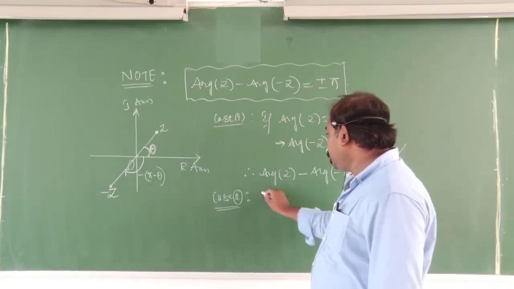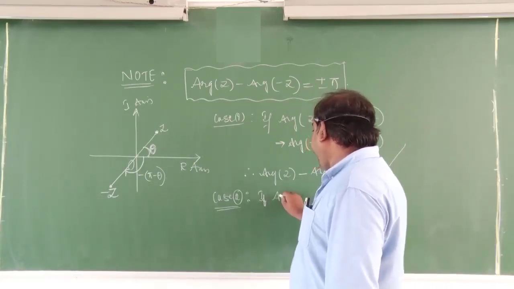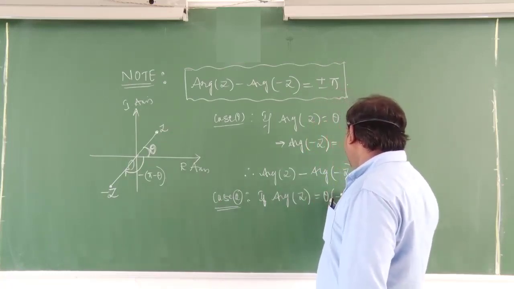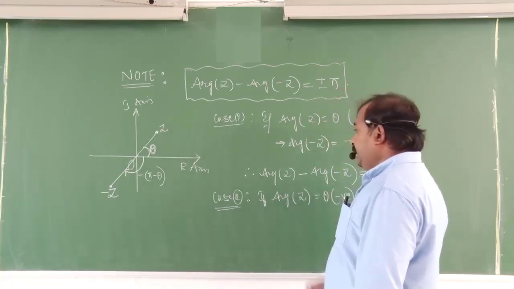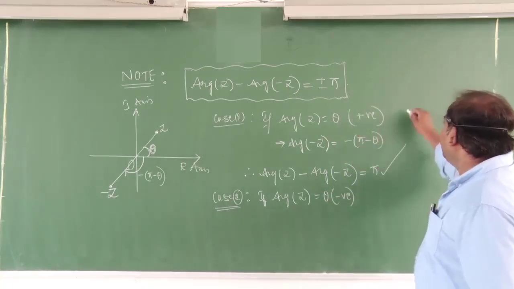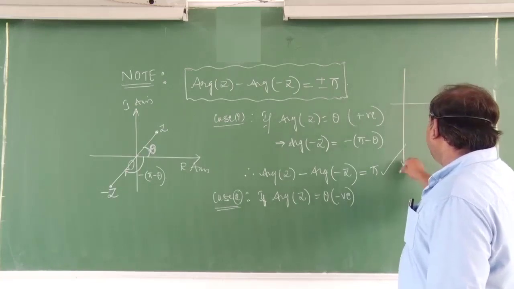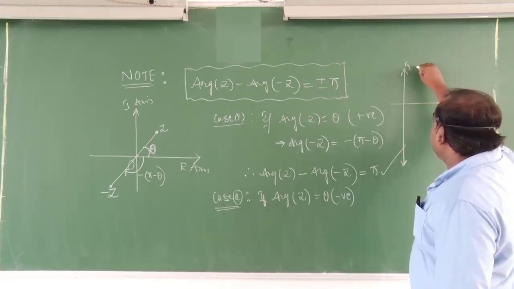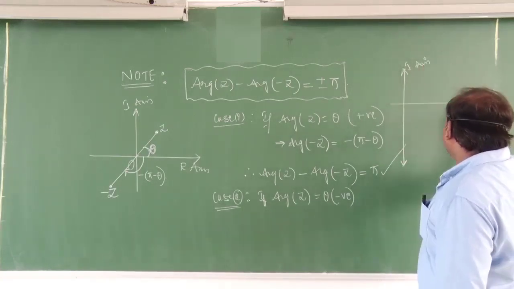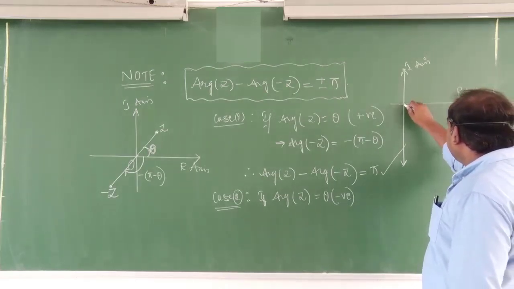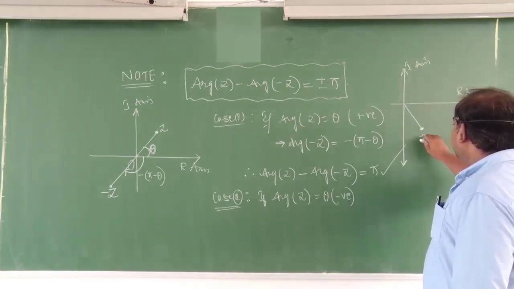Case 2. If argument of z is equal to theta, you may take a negative angle. Negative means, here if you observe the diagram, let this be the imaginary axis, let this be the real axis, let this be z somewhere here.